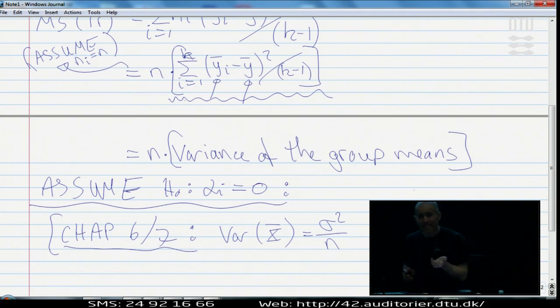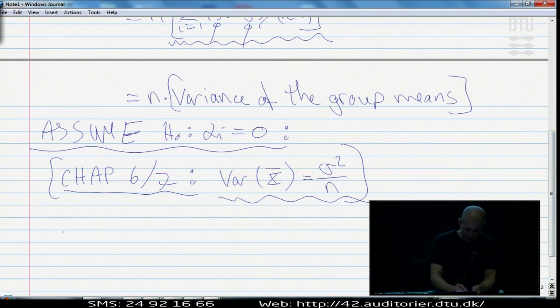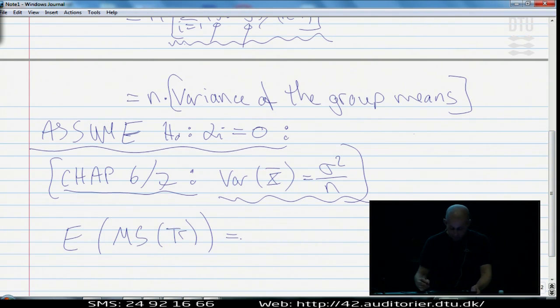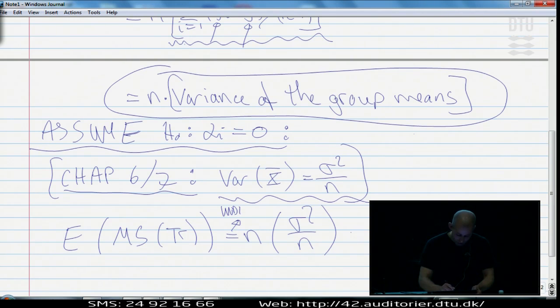So repeatedly looking at averages and then computing the variance of such repeated averages would provide this expectation. Well, this means that as mean square treatment is n times the variance of group means, we would expect n times sigma squared over n. What do we expect when we have the variance of group means? We expect this one.